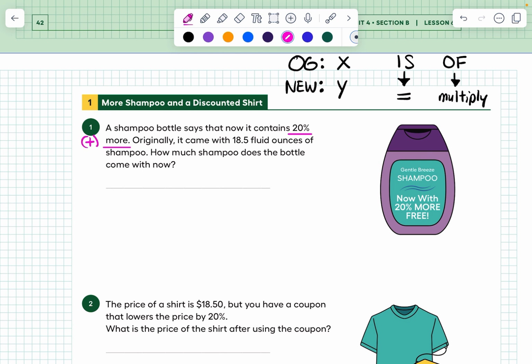Now it says originally 18.5 fluid ounces. So this 18.5 is the OG, which is our X value. On the question, it says how much shampoo does the bottle come with now? The fact that we want to know what it is now, we're looking for the new amount, the new number, which is the Y value.